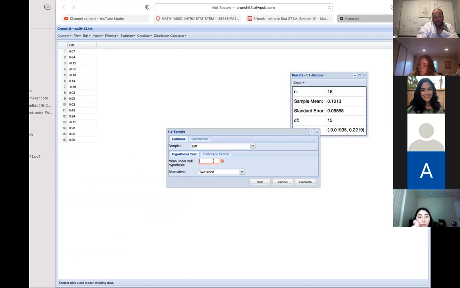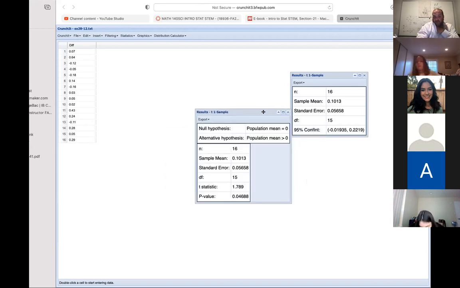As such, when we do a hypothesis test, which side is it going to be? Greater than, less than, or equal to? Or not, or two-sided? Is it greater than? Greater than. We want to see if it went up. And 0 is what we're assuming, right? If it didn't go up, if it's just made no difference, then it should be 0.